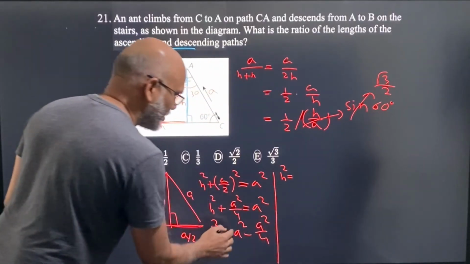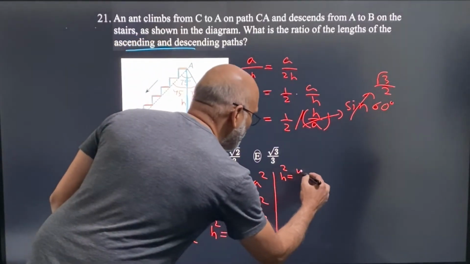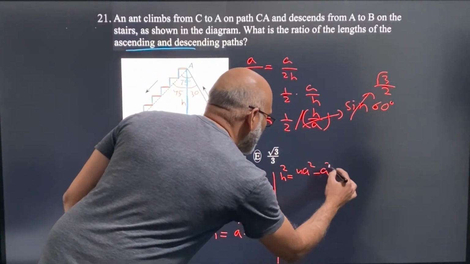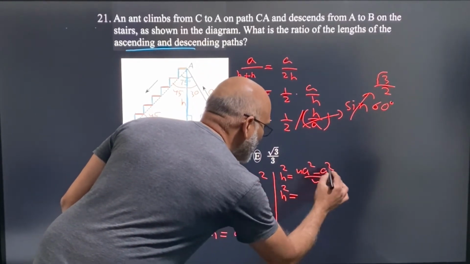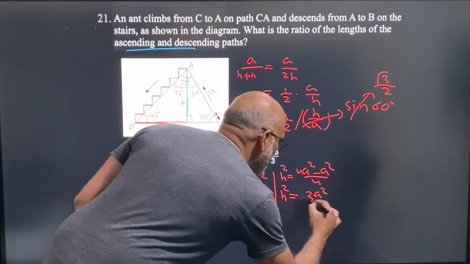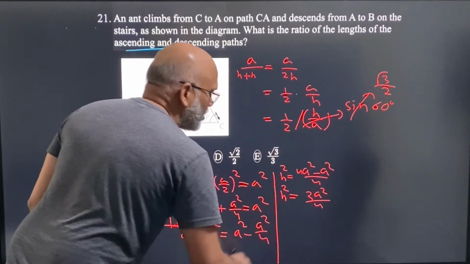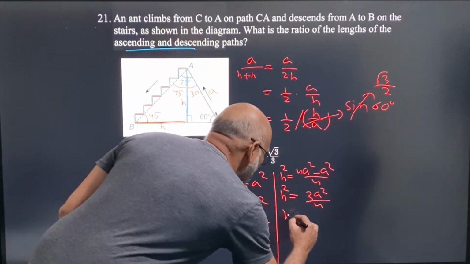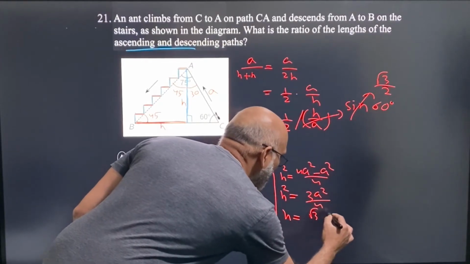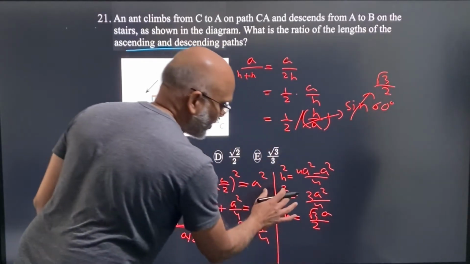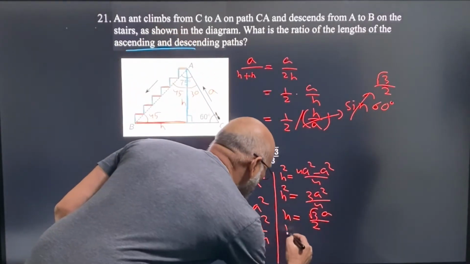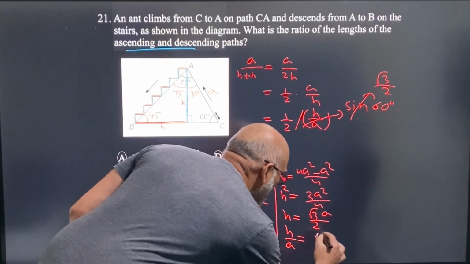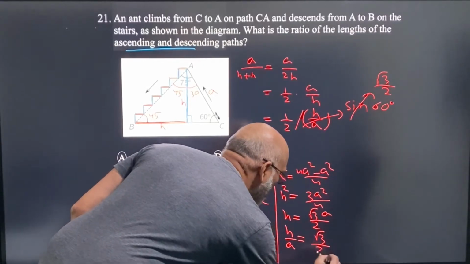So h square is equal to 4A square minus A square by 4, which is 3A square by 4. If I take the square root both sides, h is equal to square root of 3 A by 2. All that I'm doing is taking the square root both sides, and then I bring A to this side. So h over A is equal to square root of 3 by 2.